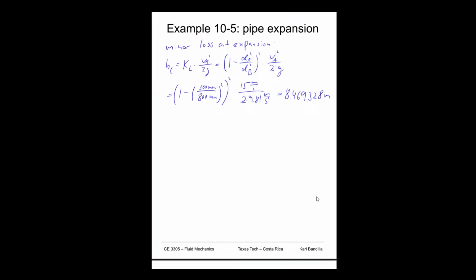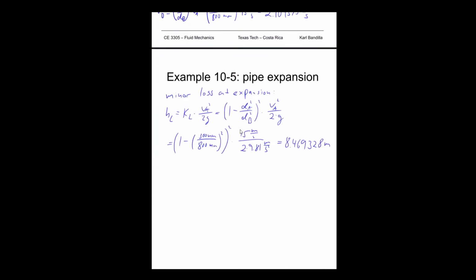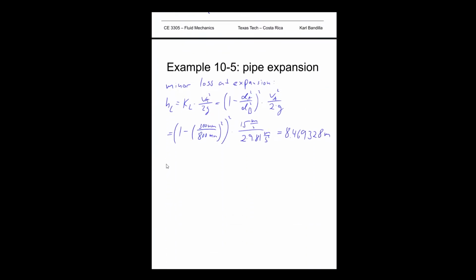So now let's go back to our energy equation. Right now we have all the terms in here, so we can write the terms down here. We have PA over gamma, then VA squared over 2G, and whatever Z is.